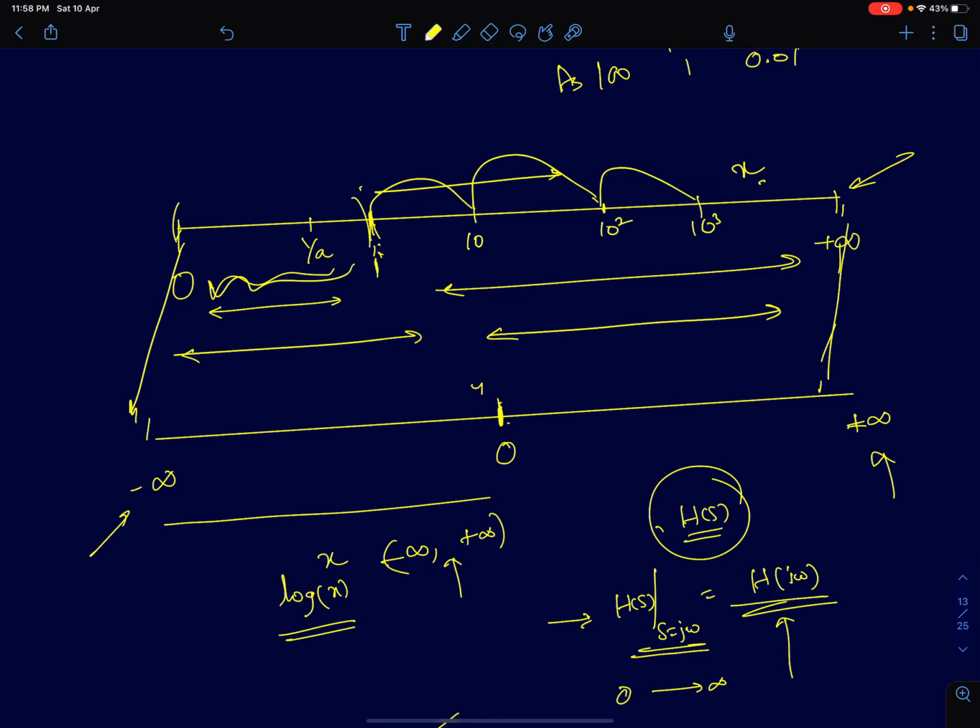Even if I do that, I'll need to take infinite steps to reach infinity. Similarly, if I start from 1 to reach 0, I'll need to take infinite steps. If I go exponentially, starting from 10 power minus 1, 10 power minus 2, and so on, I'll need infinite steps before I reach 0.